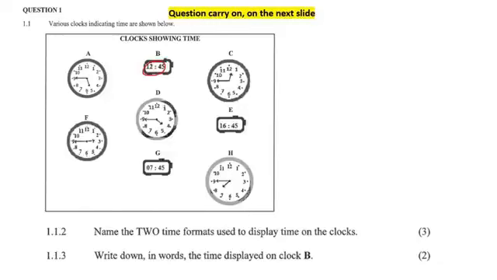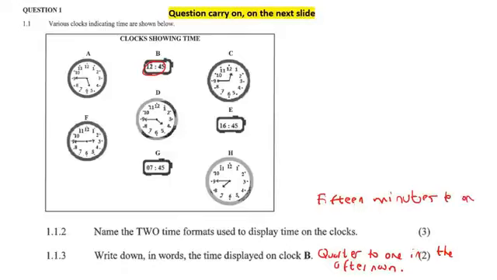So you're going to have to say here that it is quarter to 1 in the afternoon. You are also allowed to say 15 minutes to 1 in the afternoon.